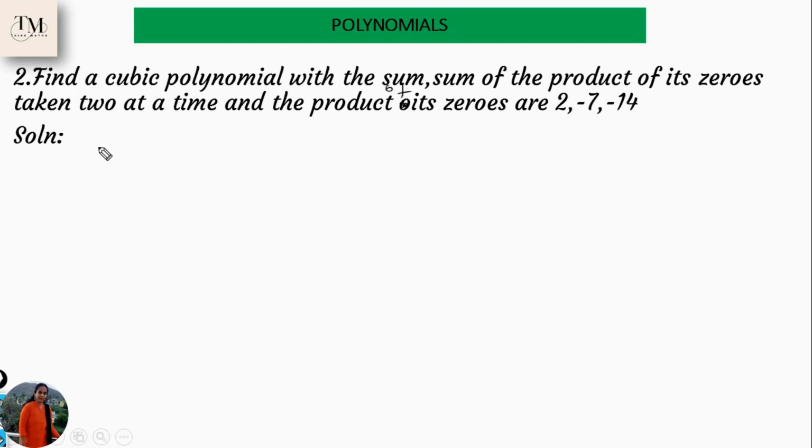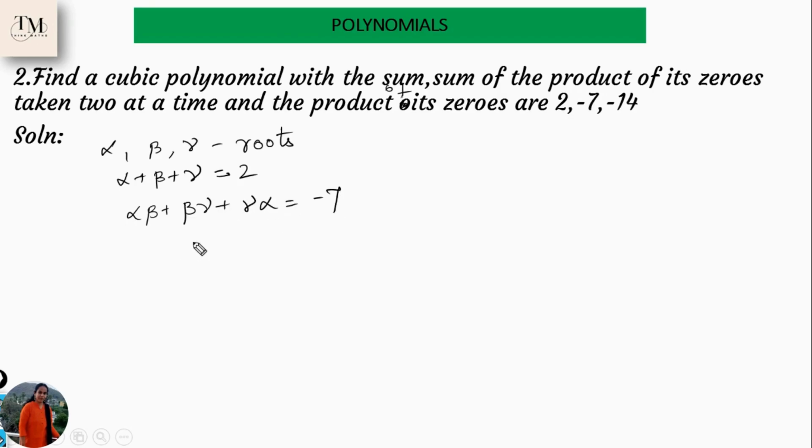So they gave the sum of the roots, the sum of the product of the roots, and the product of its zeros. First let me take alpha, beta, gamma as the roots. They gave alpha plus beta plus gamma is equal to 2, alpha beta plus beta gamma plus gamma alpha is equal to minus 7, and alpha beta gamma is equal to minus 40.